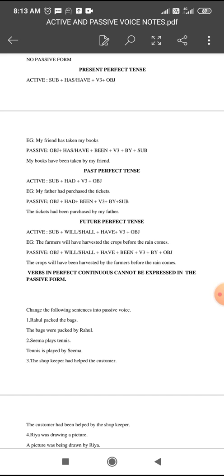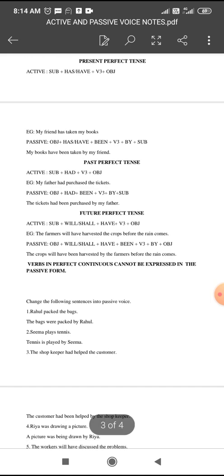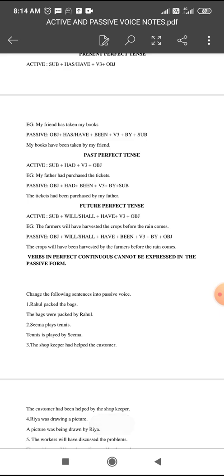In passive, you have to remember that in perfect tense, whether it is present perfect, past perfect, or future perfect, there will be a been in passive, B-double-E-N. So here we can see object comes first, then has or have, you have to select accordingly to the object, then you have to insert the word for perfect, B-double-E-N.